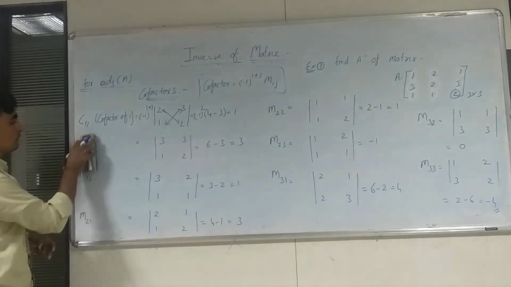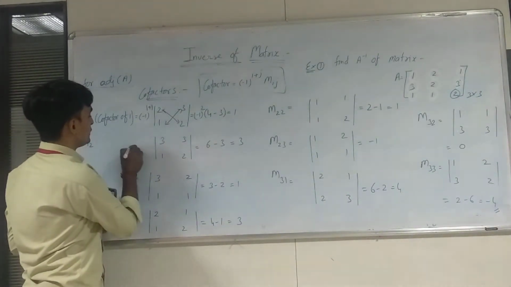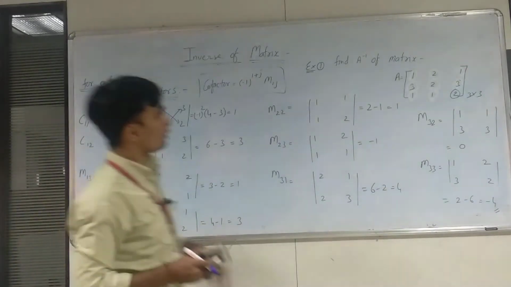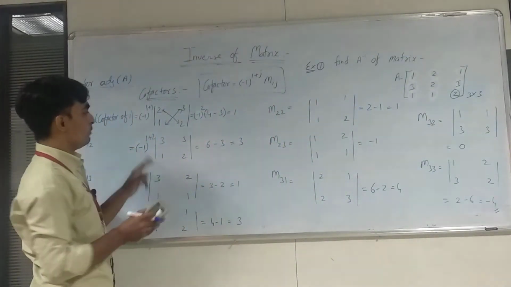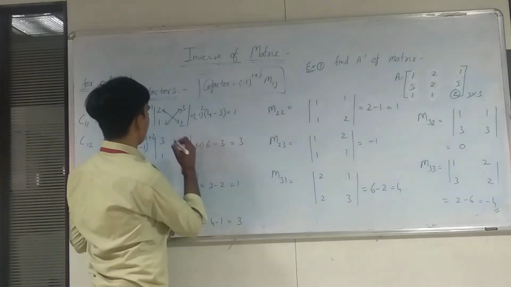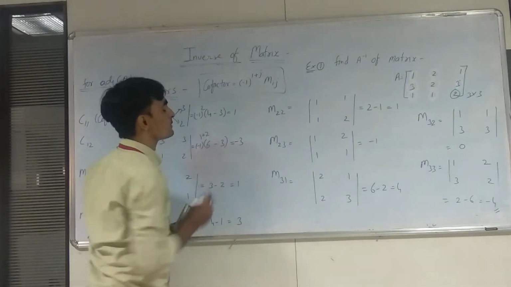Same way C12, the cofactor of first row, second column. The minor part is the same, only the sign changes here. 1 plus 2, so it is minus 3.